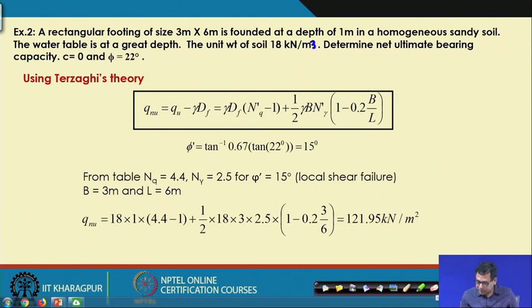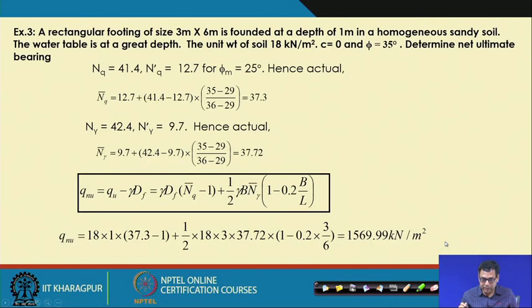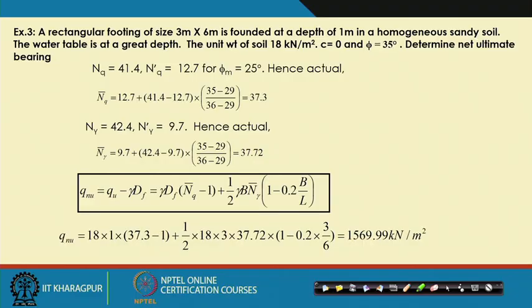So, the next thing that I will discuss is what will happen if the value is in between local shear failure and general shear failure. Here you can see the phi value is taken as 35 degrees, which is less than 36, so it is in between local shear failure and general shear failure.